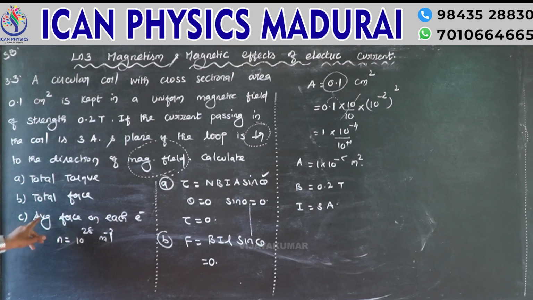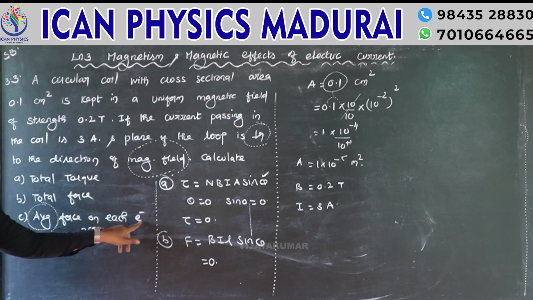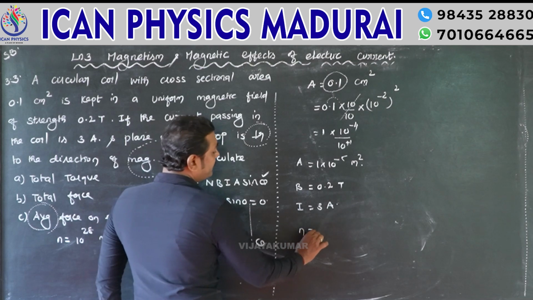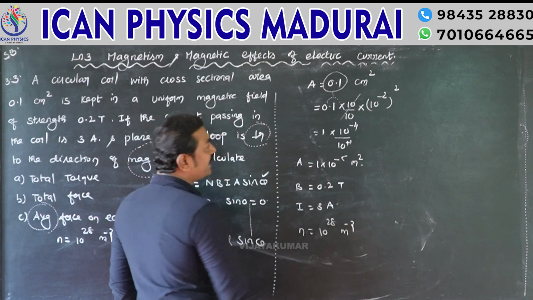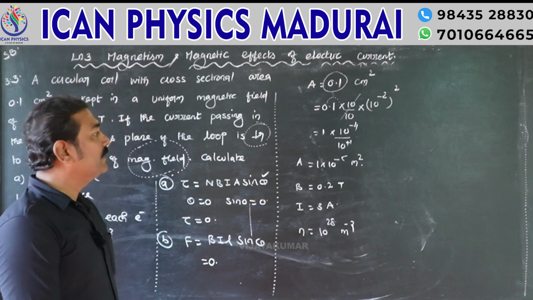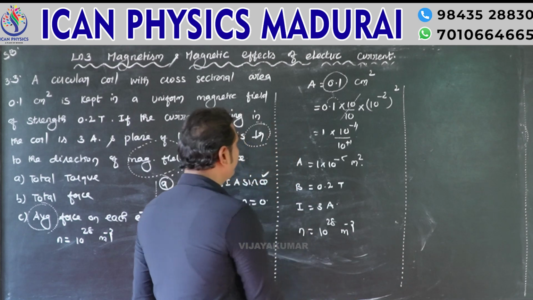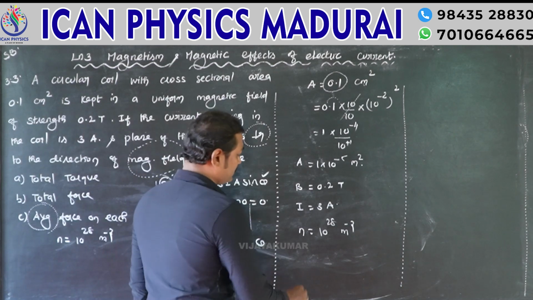Next one, the average force on each electron, having an electron density of 10 to the power 28. So n equals 10 to the power 28 per meter cube. The average force on each electron.